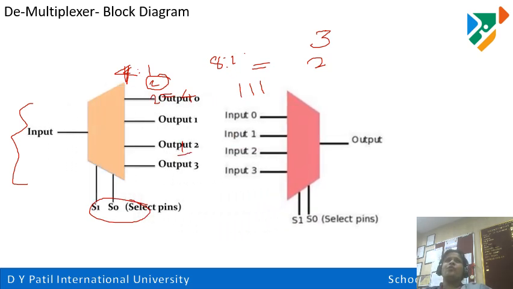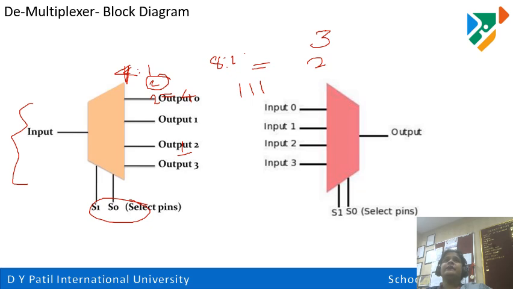Now what is a demultiplexer? A demultiplexer has only one input and four outputs. To which particular output line out of these four the single input comes out is decided by the select lines. That's the difference between a demultiplexer and a multiplexer.